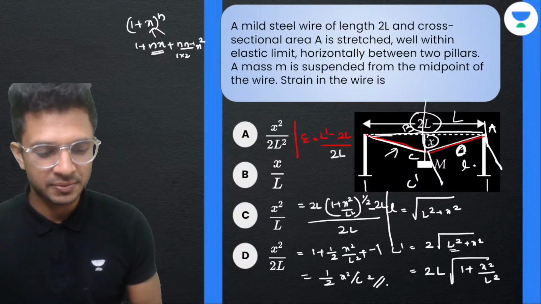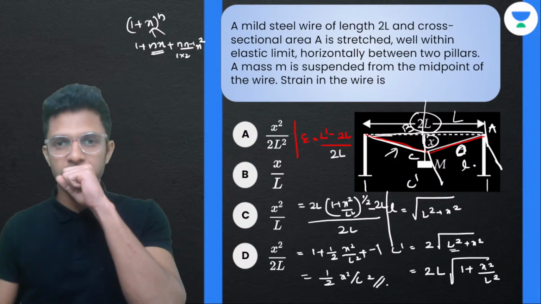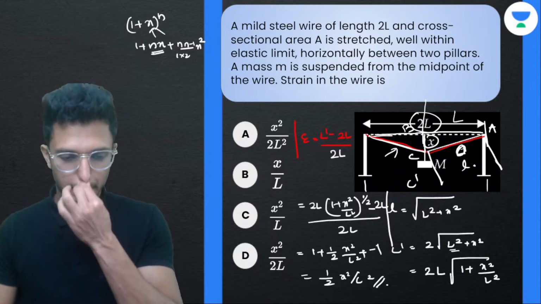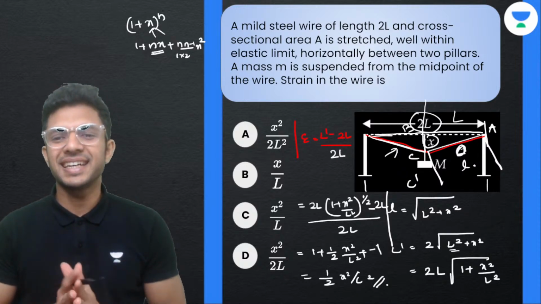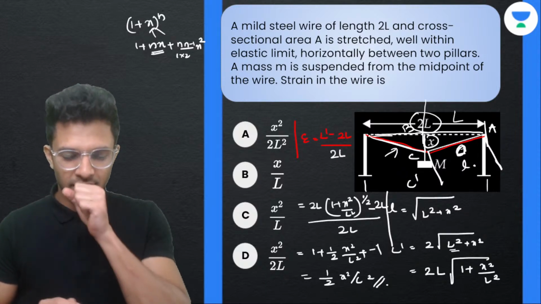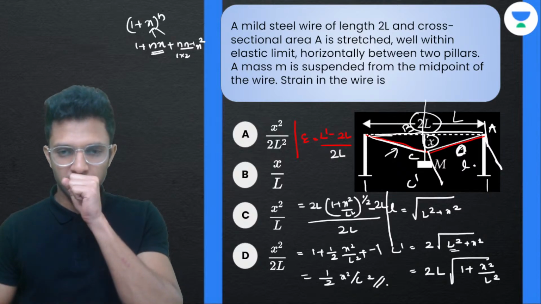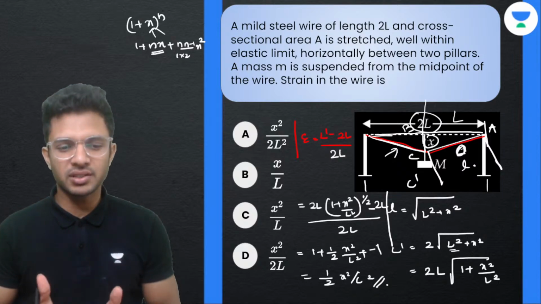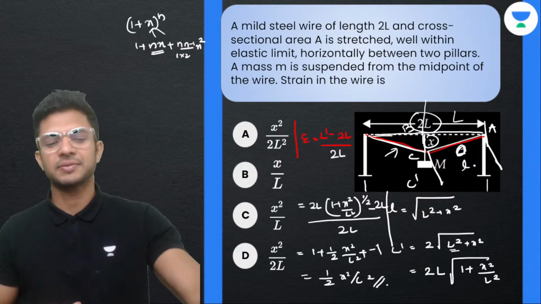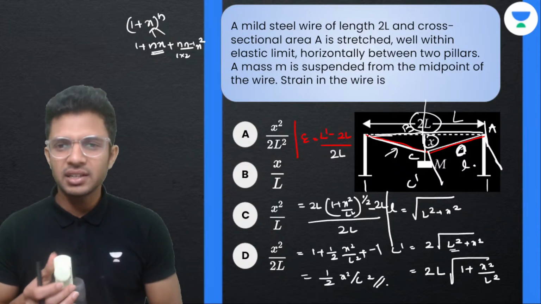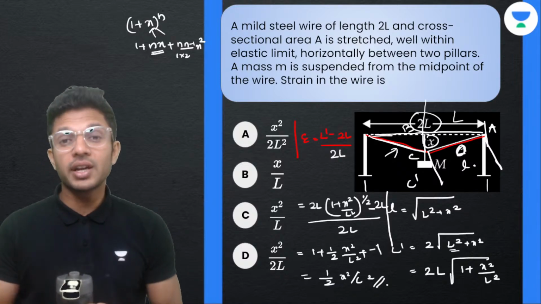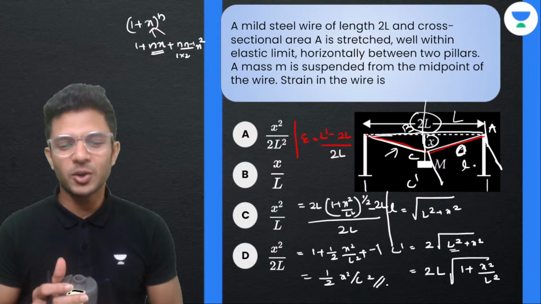Okay, cool. Is it clear? Not a big question, not a big deal, anybody can answer. And let's not call it a physics question, you can call it a binomial question.